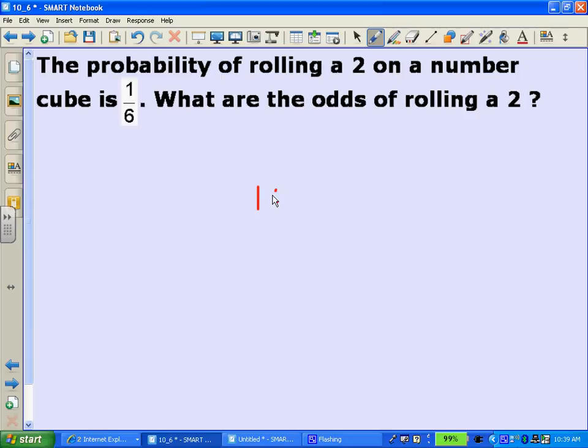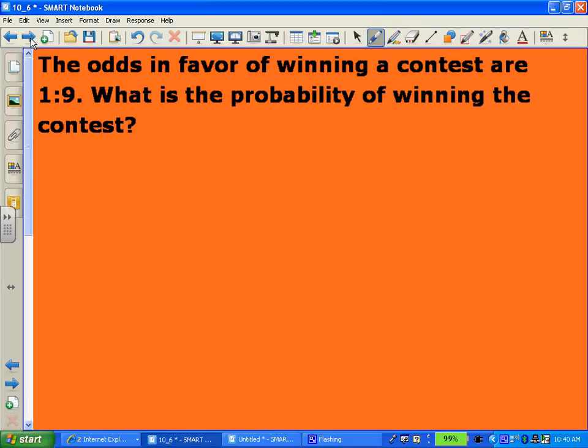There's only one way to get a 2, to the number of ways that it doesn't happen. Well, there's 5 other ways to not get a 2. So the odds of rolling a 2 would be 1 to 5. Now notice that the two numbers that we use when we write the odds will always add up to the total number of possible events, the 6 that we have in the probability. Okay? Let's look at another one.